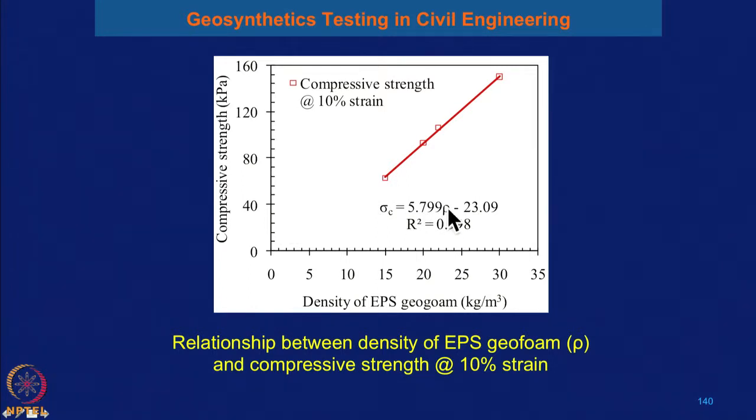That means sigma c will be equal to 5.799 rho minus 23.09, where the R square value is 0.998. So, this is for a particular strain value, 10% strain.